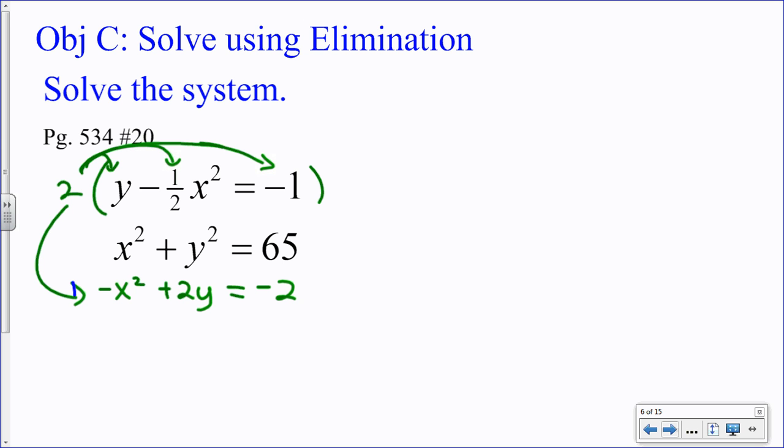Okay, so now I can add these, and the x squareds eliminate. They're like terms and they're opposites. Okay, y squared and 2y, those are not like terms, right? So you can't combine them. The only thing you can do is just write them next to each other, and then you get 63. I have a quadratic, so what should I do? Good.